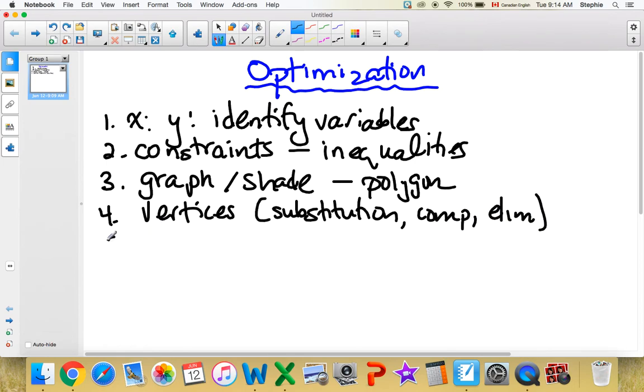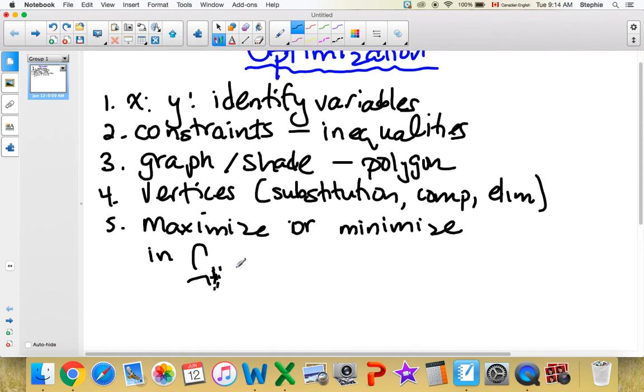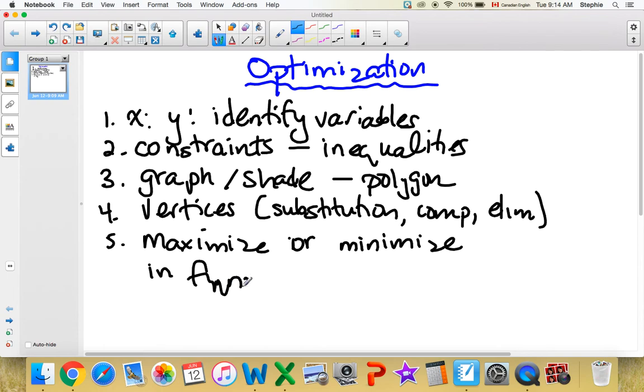And then the fifth thing is you're going to maximize or minimize by plugging in the corner points or some point into the function rule. So we're going to do one from beginning to end just so that you recap what needs to be done, in the next screen.